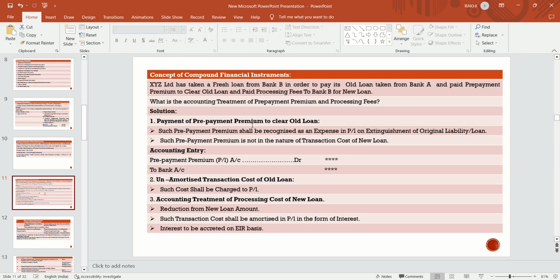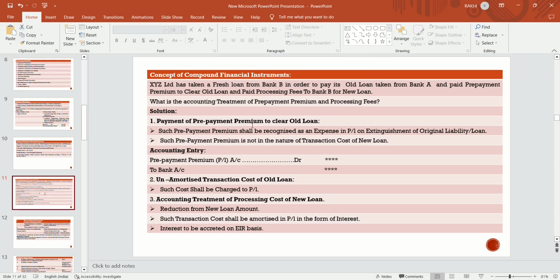So previously they had taken a loan from Bank A. In order to pay that old loan, they had to take a new loan from Bank B.